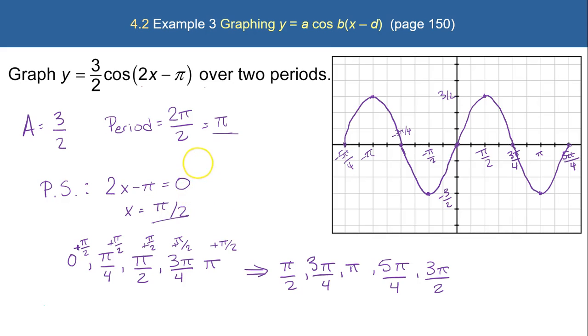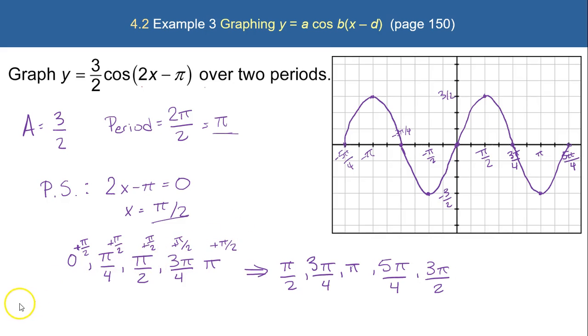And anytime we have a phase shift of 90 degrees or pi over 2 units, instead of a cosine graph, it's going to look like a sine graph. And same goes for if it said cosine of something with a phase shift of pi over 2, it's going to look like a sine graph instead of a cosine graph.